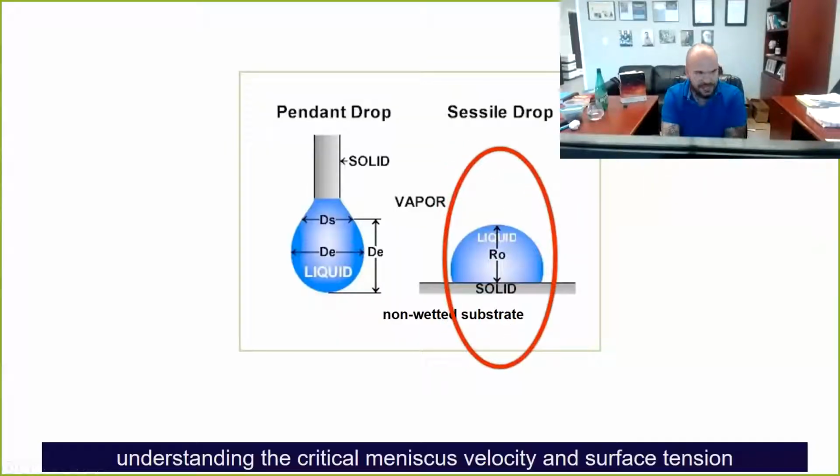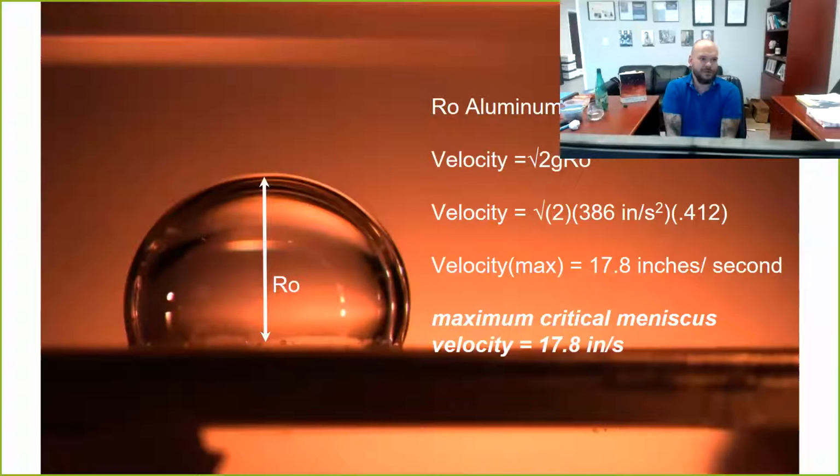And so the really beautiful, interesting thing we can do now is start actually using some science to understand what's happening here and apply that to what we're doing with metals. We're going to use the sessile droplet to do that. So here's a droplet of aluminum on an unwetted substrate. We can measure the height, it's 412 thou.